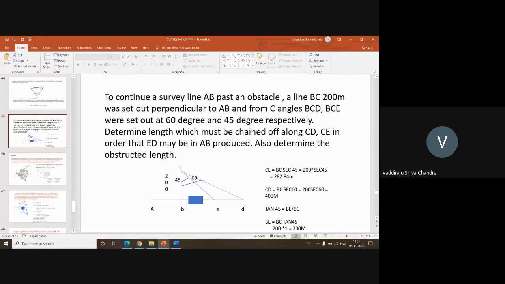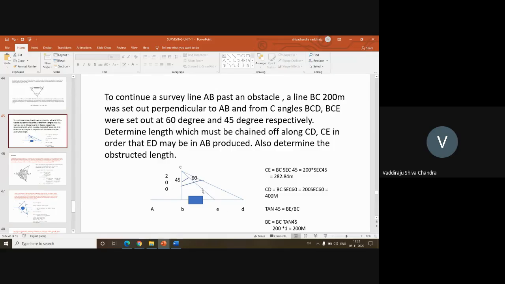He is saying that while you are doing a survey for a line AB, there is an obstacle after B. To clear that obstacle, from B he is dropping a perpendicular BC of 200 meters length, and from C he is identifying two points E and D such that angle BCD is equal to 60 degrees and BCE is equal to 45 degrees respectively.